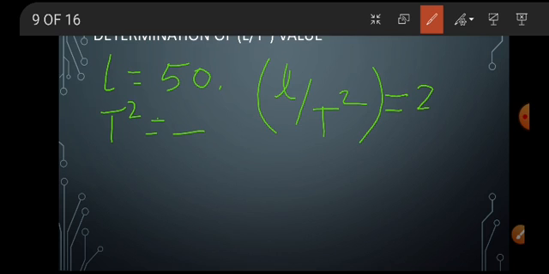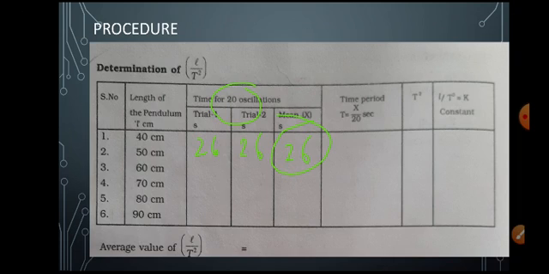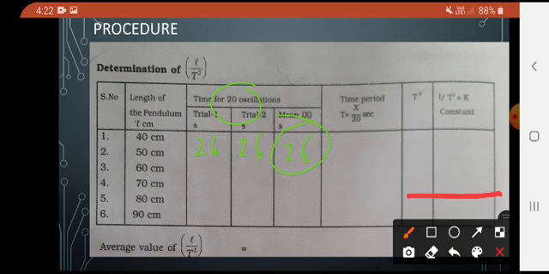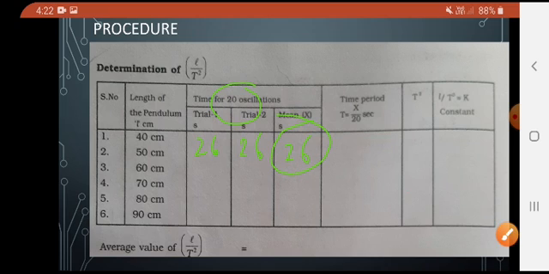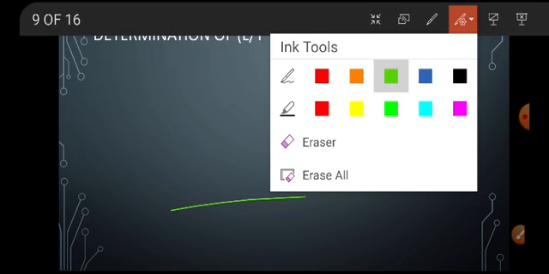So you will get, for example, 24.78 something. So this is your L by T square value, for example, I am saying. Now you have to take the average value. Take total value.